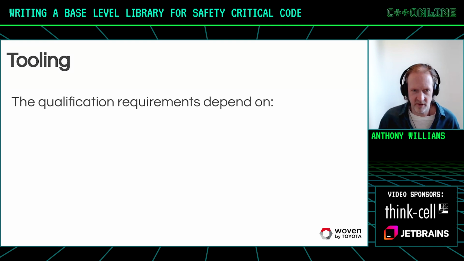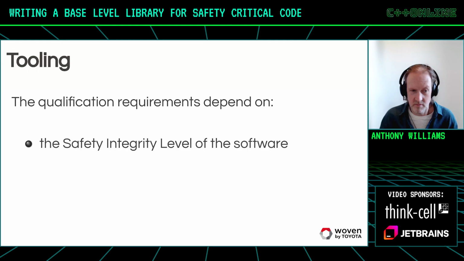The specific qualification requirements will depend on the safety integrity level of the software. If it's software for controlling the radio or the electric windows, it can go wrong much more readily than the brake software, and so you don't have to think so hard about whether your compiler got it right. The same as you don't have to think so hard about whether you got it right when you're writing the software.